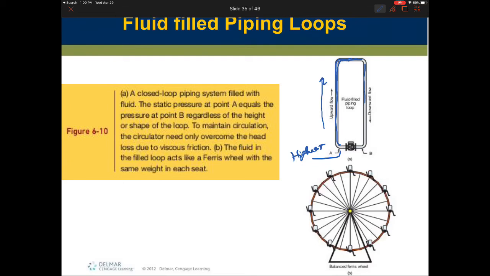Here in this horizontal section, I'm seeing the pressure decrease, but not due to elevation, purely due to resistance. As I travel down, I'm losing pressure due to the resistance, but I'm also gaining pressure due to the elevation head.